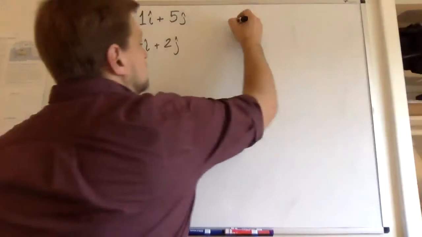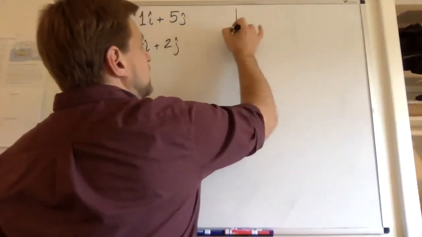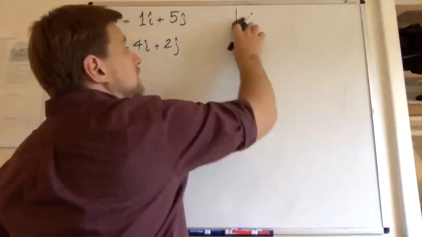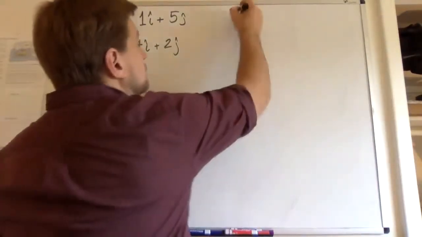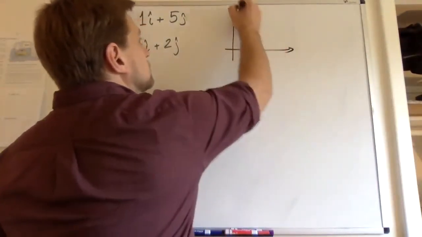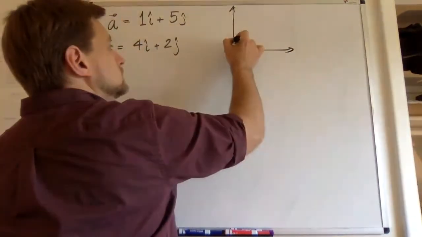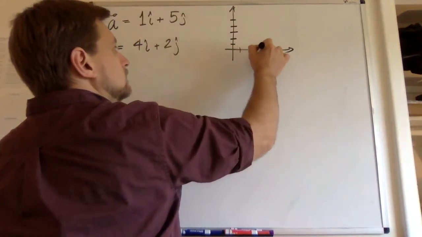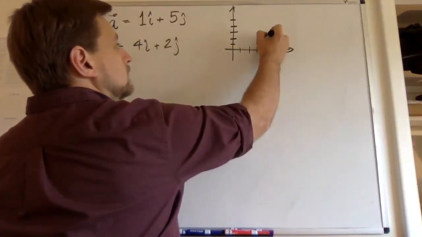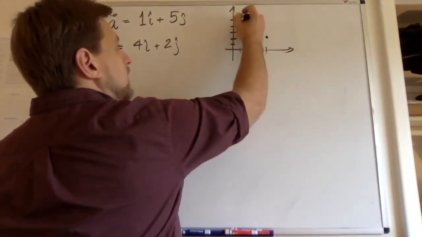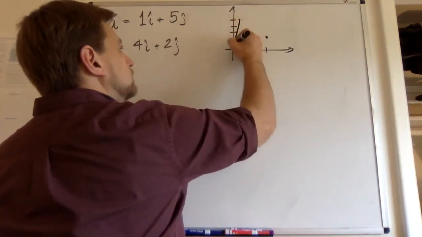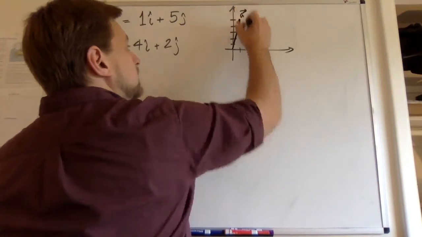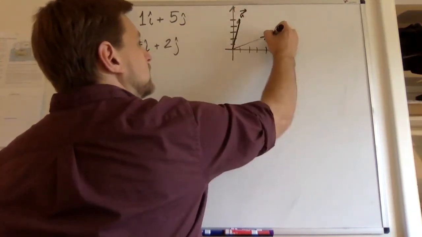And just for clarity's sake, we can draw those two things. It's all in quadrant 1. Four, 2, and 1, 5. So that's vector A, and that's vector B.